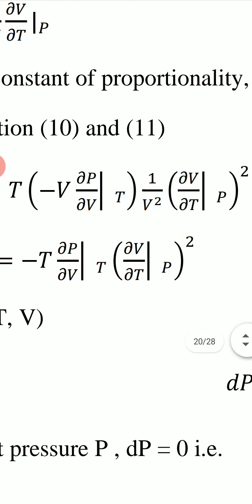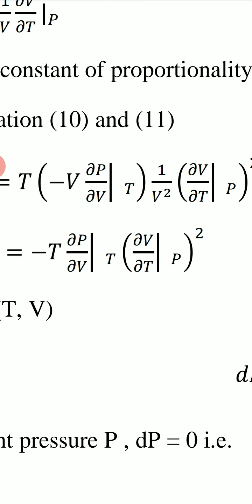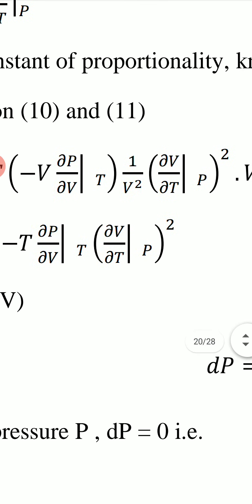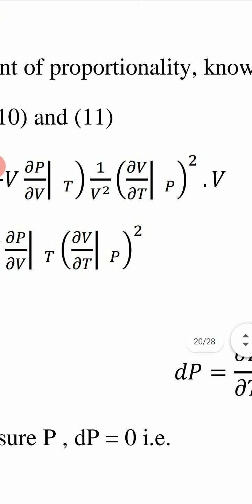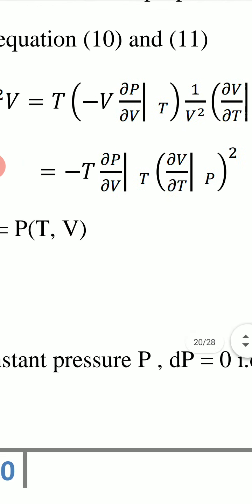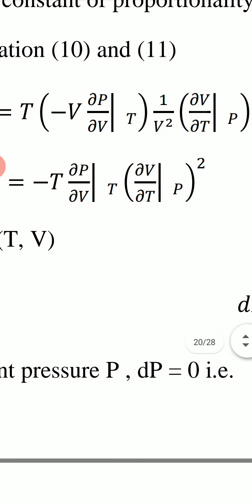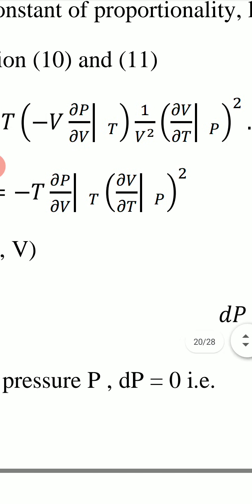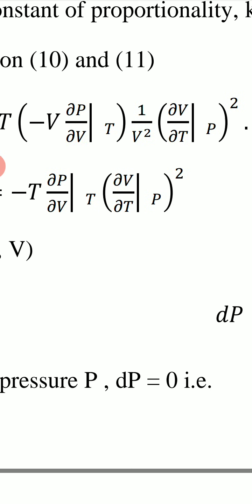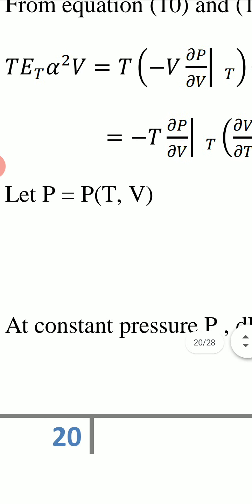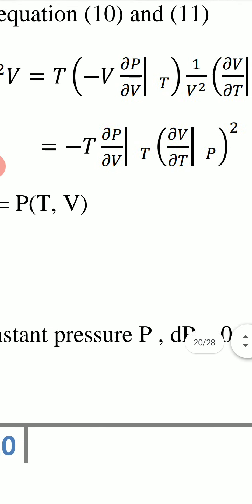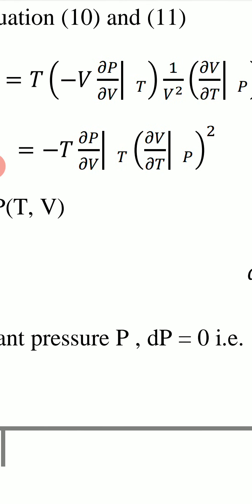Here we have put the value of Et after T. Then we put the value of alpha, here it is alpha square, and into V. V square is cancelled out in numerator and denominator, and T alpha square V is equal to minus T delta P upon delta V at constant T into delta V upon delta T at constant P square.